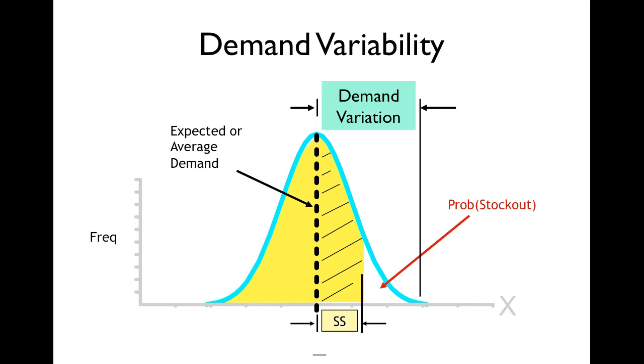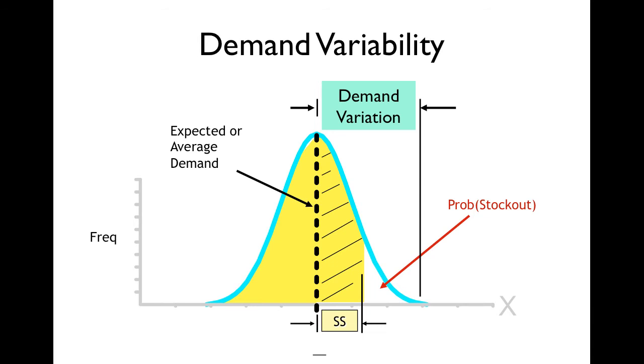So sometimes demand will be greater than average. Sometimes demand will be less than average, and that's what variability is all about. That's what the standard deviation is trying to measure for us. So the safety stock is covering that amount where demand is going to be greater than we had expected. And so the cycle service level says, well, there could be a stock out.